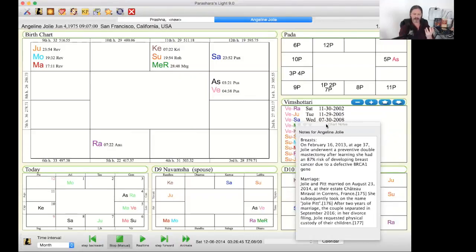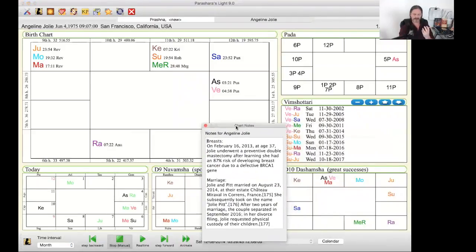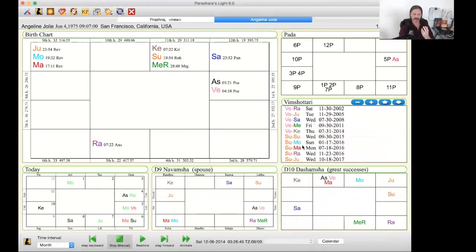You might say, well, why does just going into the Sun Dasha end her relationship to Brad Pitt? It's not just the Sun Dasha. It's also Saturn transiting over the 1st and 7th and 2nd house Bhava cusps.